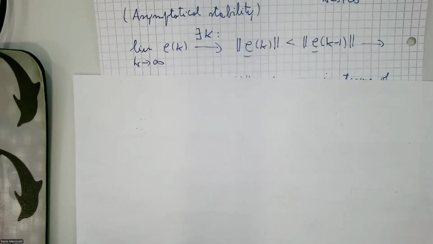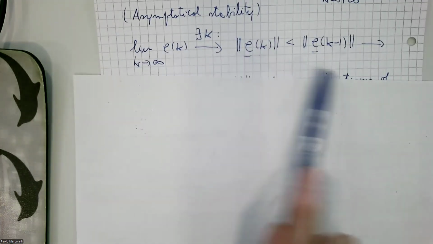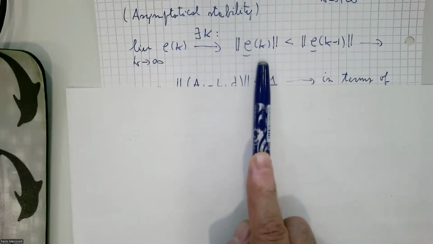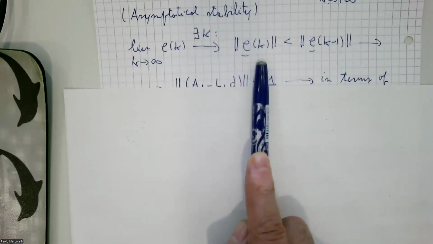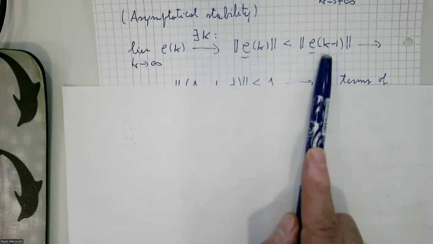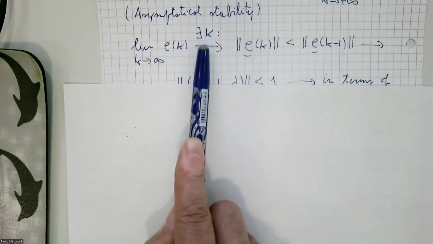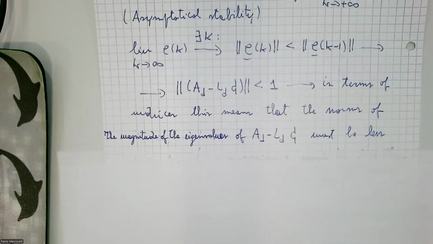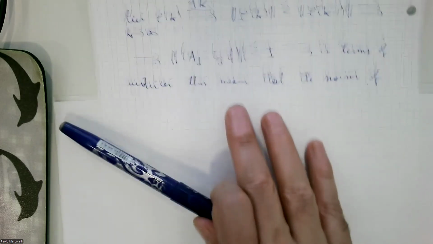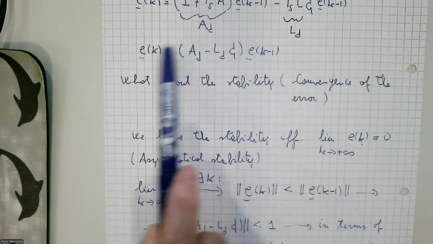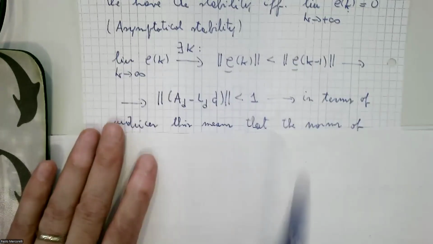It is stable, better to say asymptotically stable, when we have this condition: the error at step k is less than the error at step k minus 1, or better to say there exists a k, some when, which implies, if you look at this equation, that this expression here implies this.